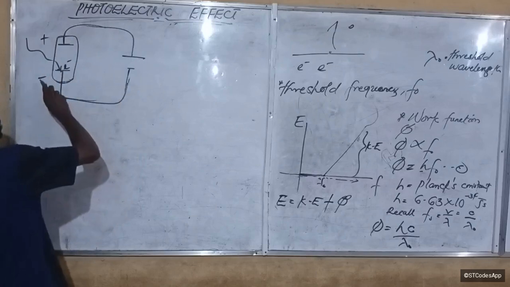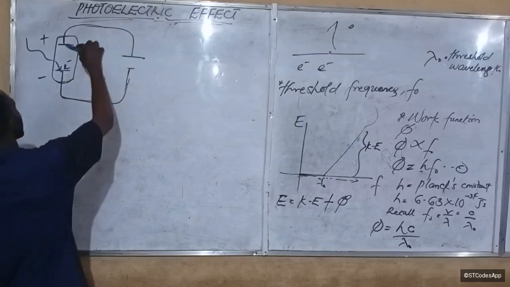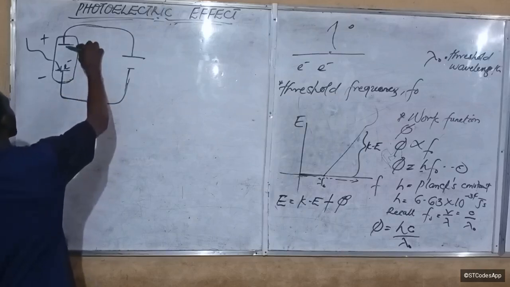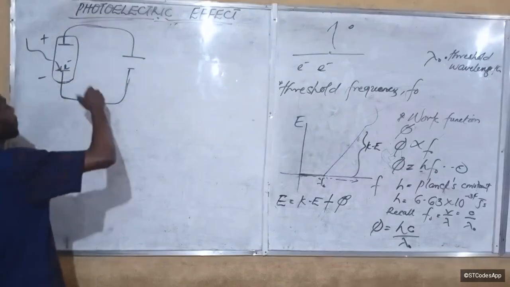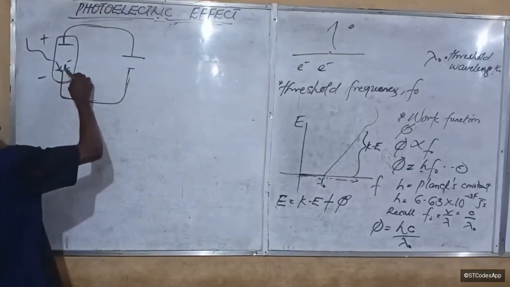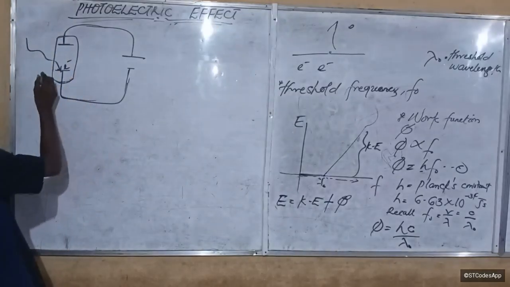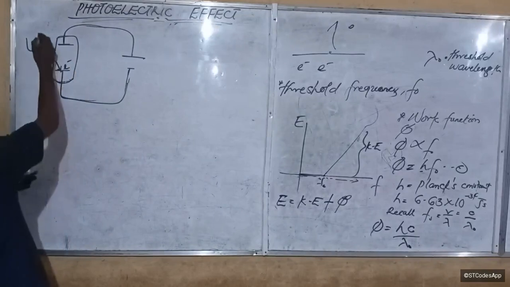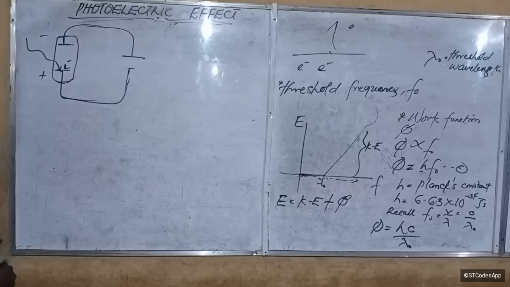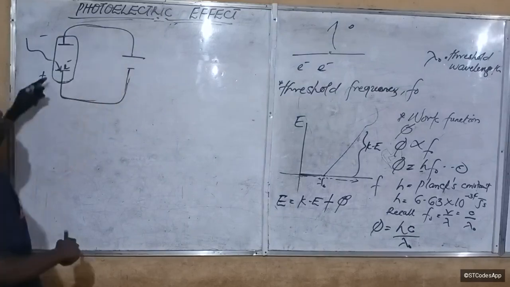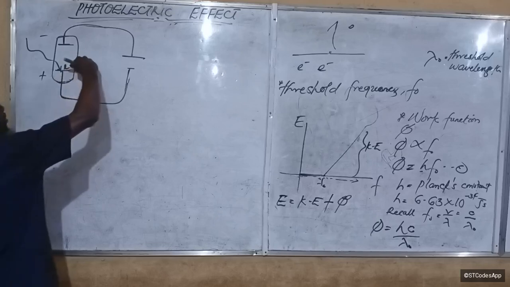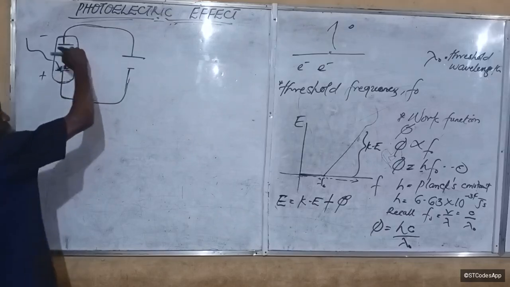No, electrons are moving from here to here, so current is the other way. Sorry, this is the positive plate, and this is the negative plate. Current moves from positive to negative. Yes, so this is correct. Electrons are moving from here to here.